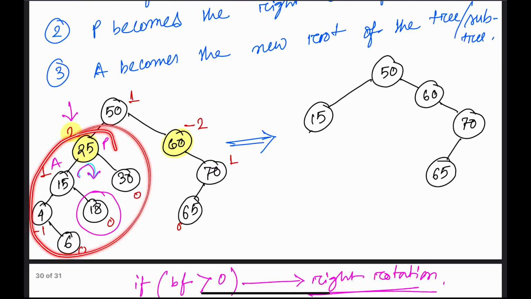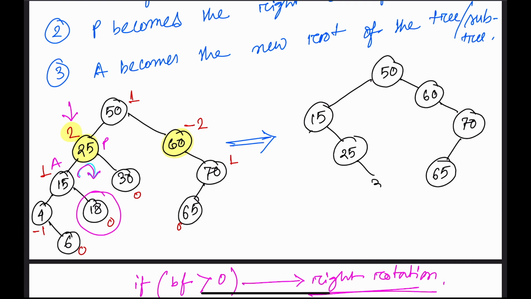In this subtree this is the root node, right? Then A will become the new root node 15. And then obviously it will be shifting to 25, and then 30, and this 18 would become the left subtree of 25. So 18, and then it would be 4 and it would be 6.